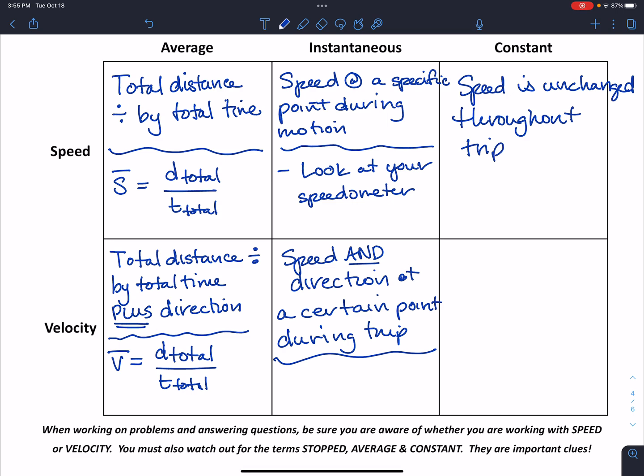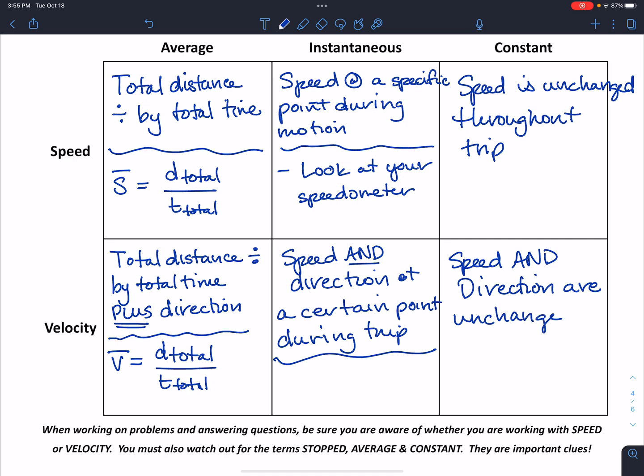For constant velocity, your speed and direction are unchanged throughout your trip.